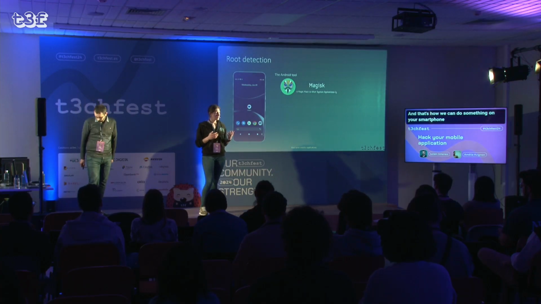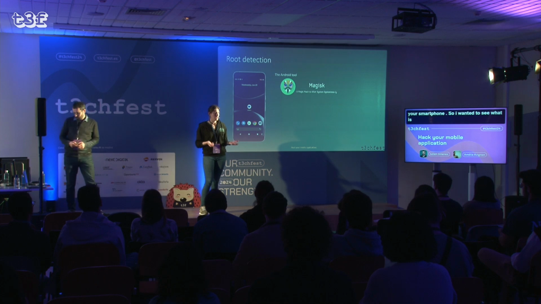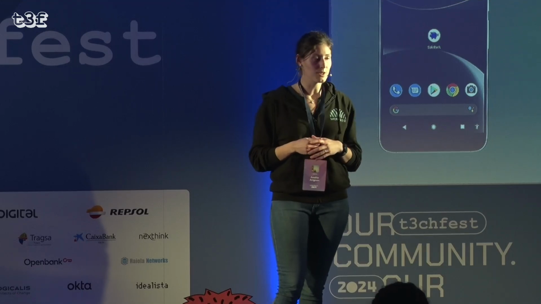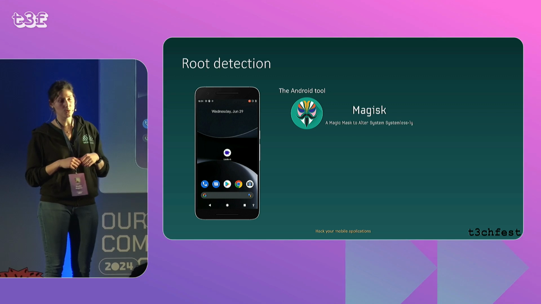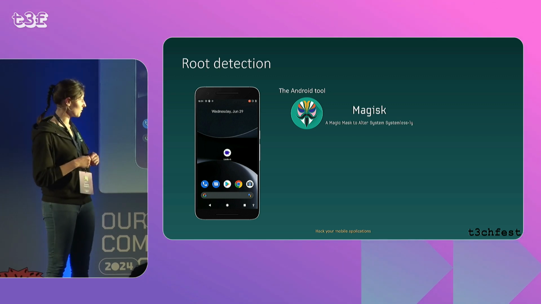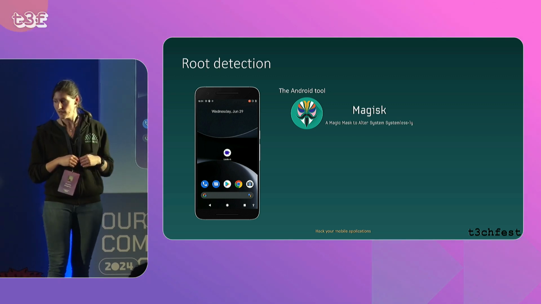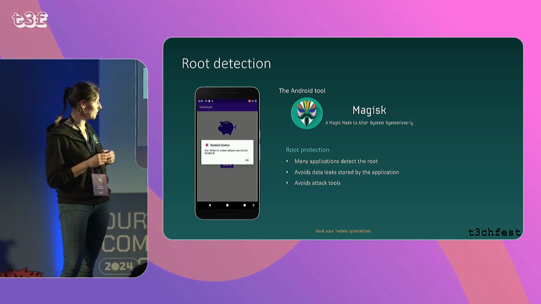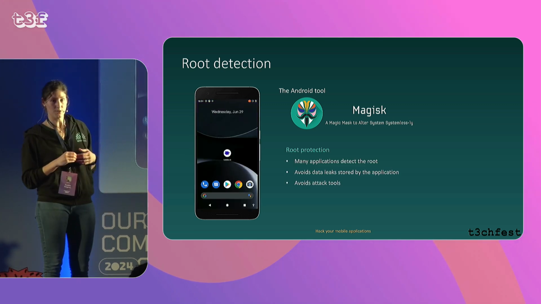I wanted to see what it's like to root a smartphone, and the tool most used to do it is Magisk. It's very easy to root a smartphone with this tool. That's why I developed in my team a root detector.